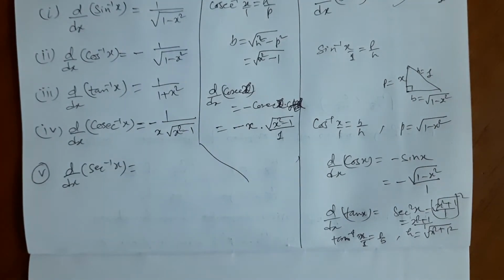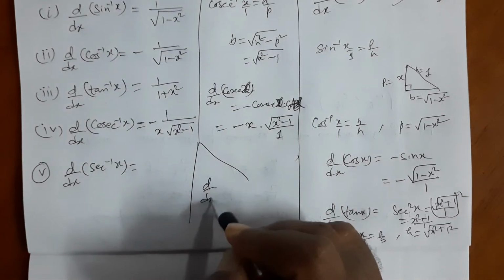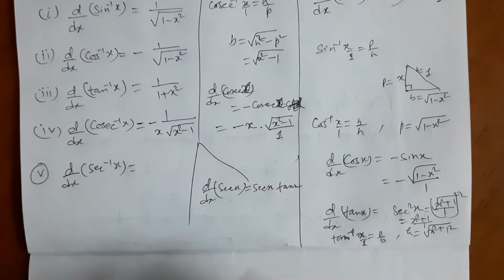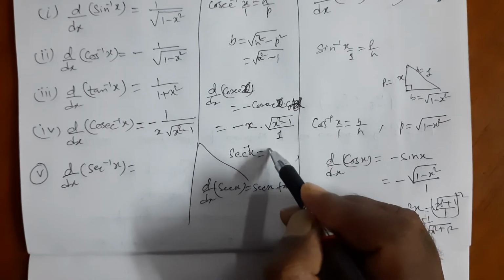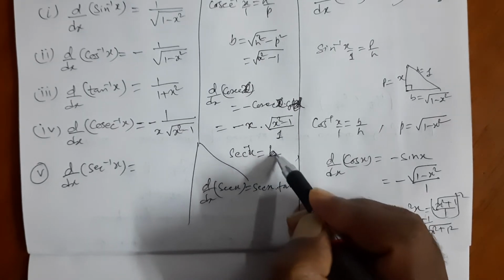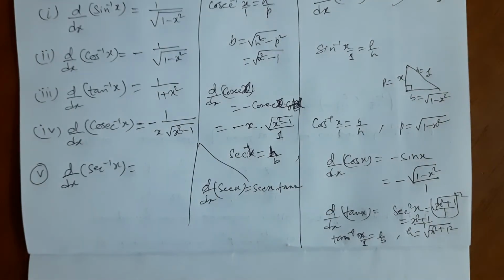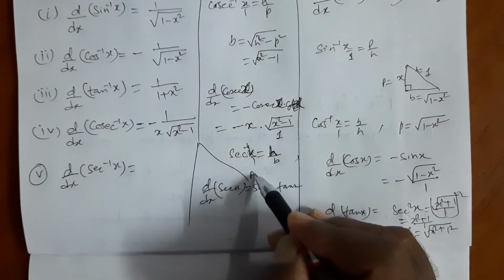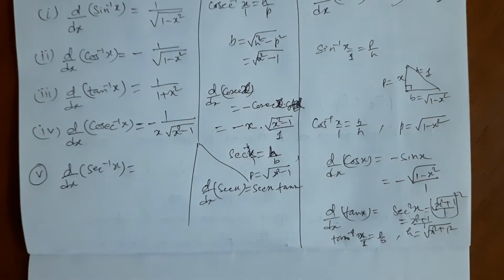Okay, so for finding the formula of sec inverse x, d by dx of sec x formula we know. D by dx of sec x is sec x times tan x, and in this sec inverse x you can suppose this as h over b. So this x is h, b is 1 you suppose, and p, you know, p is root over h square minus b square, that will be root over x square minus 1.